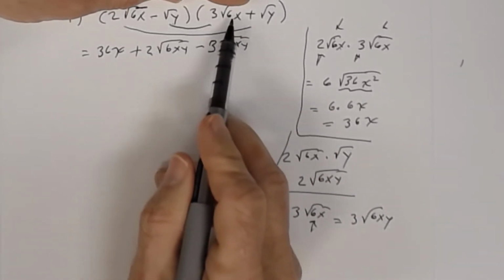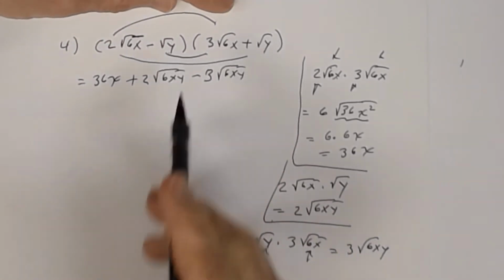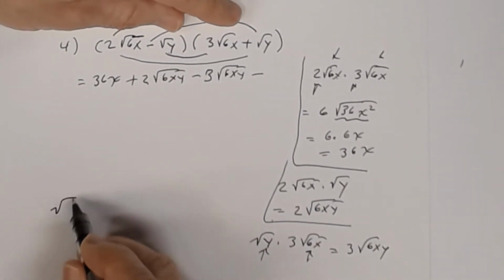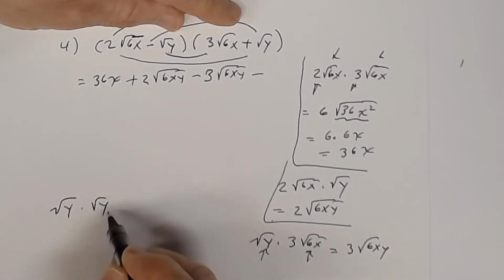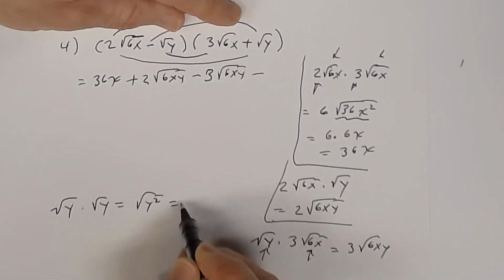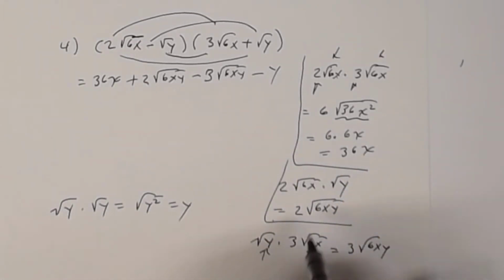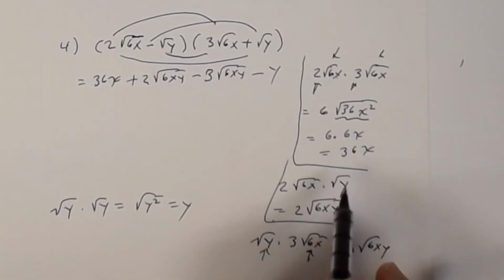And then a negative, so now your last, a negative times a positive is a negative. Now remember, the square root of y times the square root of y is the square root of y squared, which you all know is y. Okay, now, so you see, kind of messy, so you could have easily made an error, so just be careful.